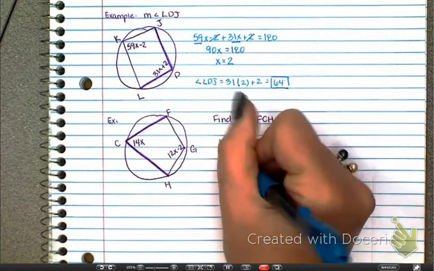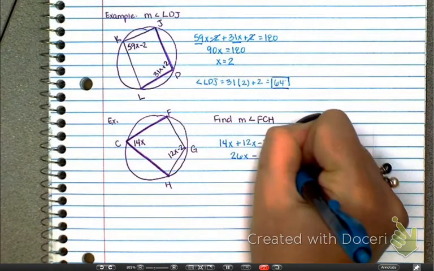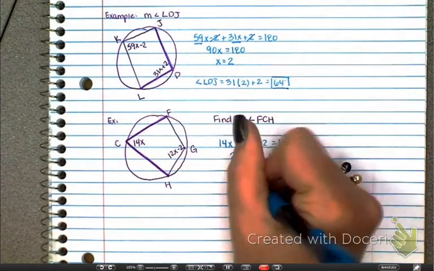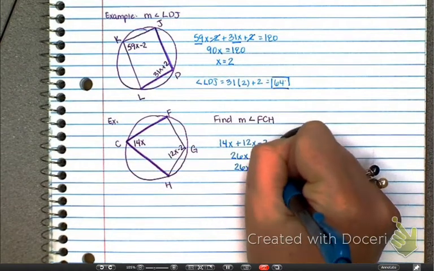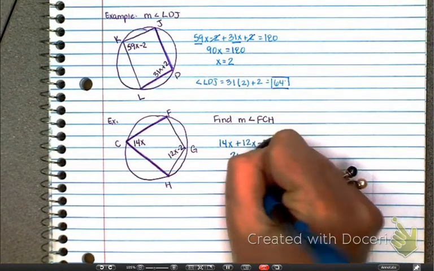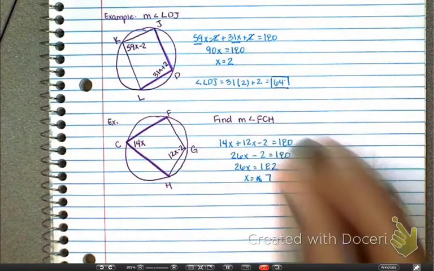If I combine like terms, I get 26x minus 2 equals 180. Add 2 to both sides and divide by 26. You end up with x equals 7.